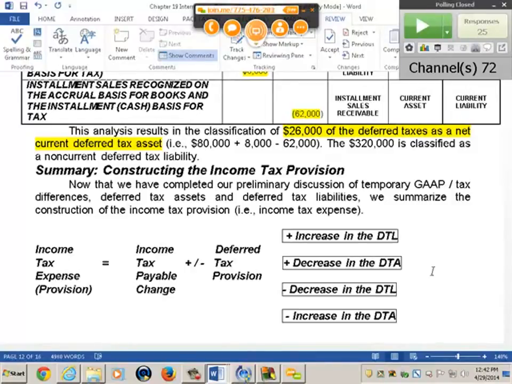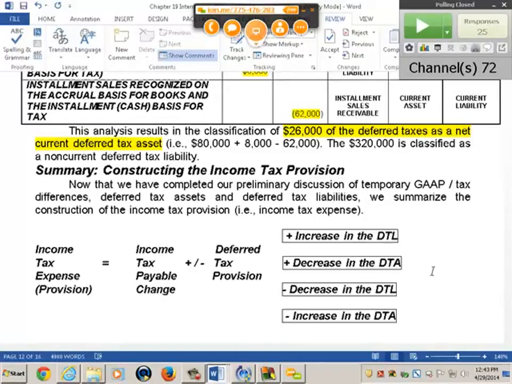When you increase a deferred liability or decrease a deferred tax asset, you're going to be increasing income tax expense relative to tax payable.